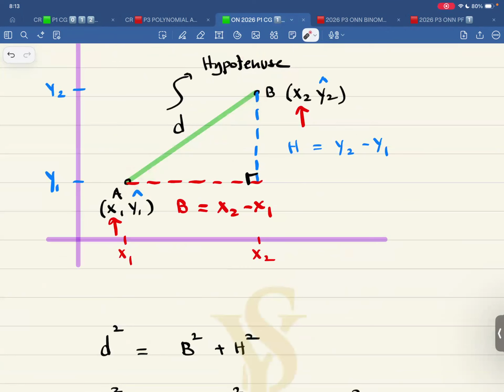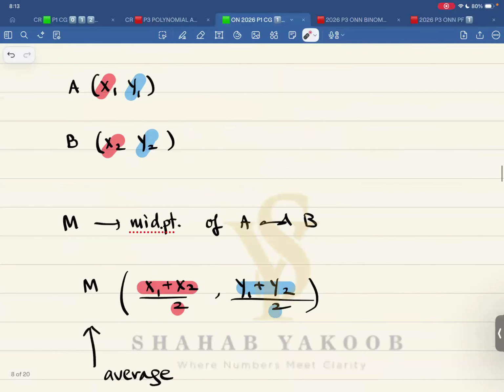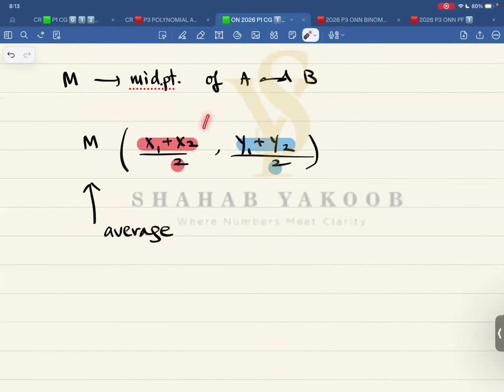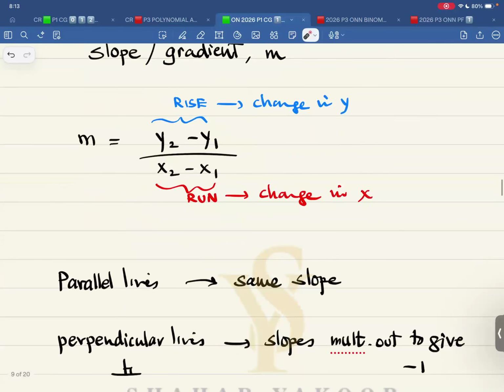Line segment ka matlab, line ka piece, line ka tukra. So that is the length of the line segment. Then midpoint formula, technically we take the average of the x coordinates, average of the y coordinates. Slope, rise over run, change in y over change in x. That is the official formula.